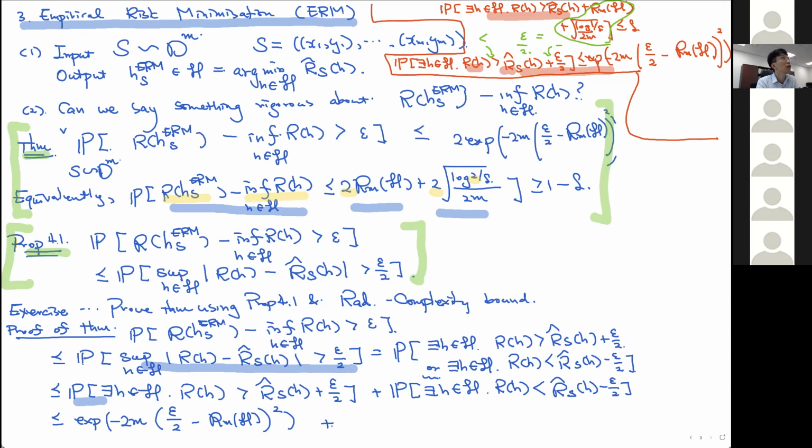So by this dual version of the Rademacher complexity generalization bound, the second term will also be bounded by the same probability.